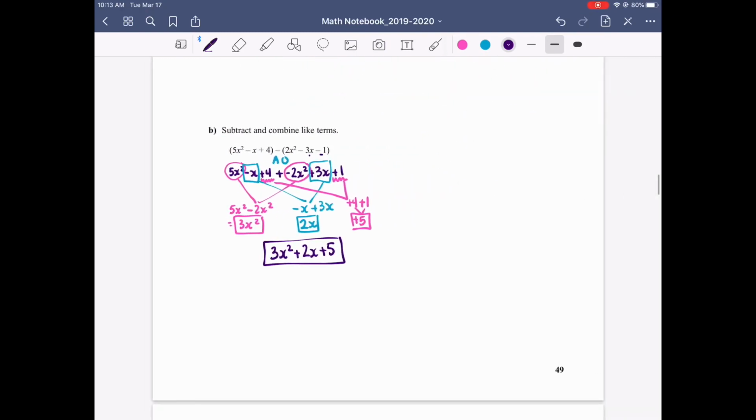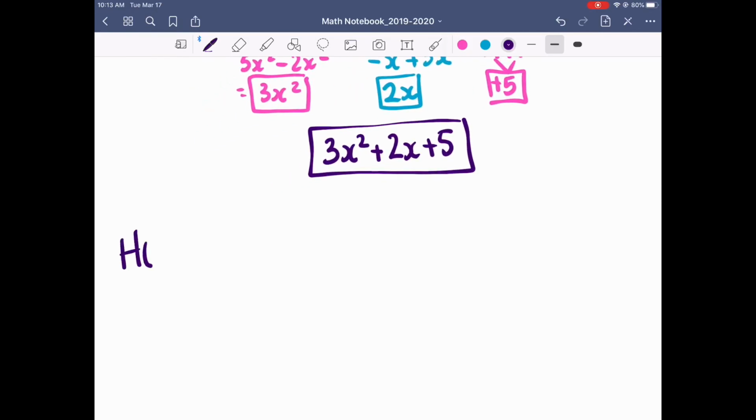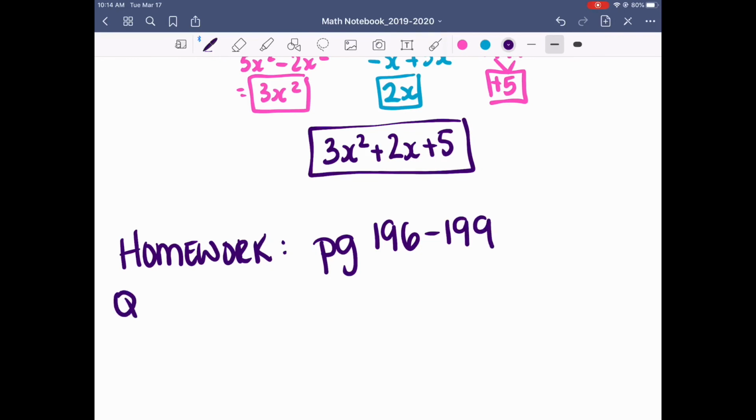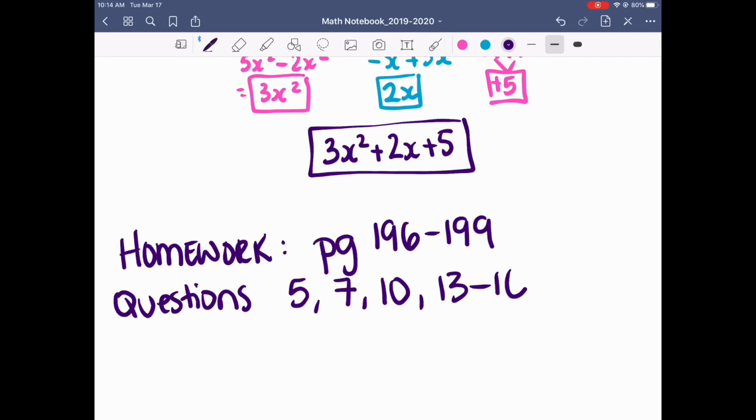All right, guys, and that is it for 5.3. I'm just going to write down the homework for you. So your homework, or your textbook work, I guess, since everything is homework now, your textbook work is page 196 to 199, questions 5, 7, 10, 13 to 16, 18, and then 9, I guess, 18 to 24.